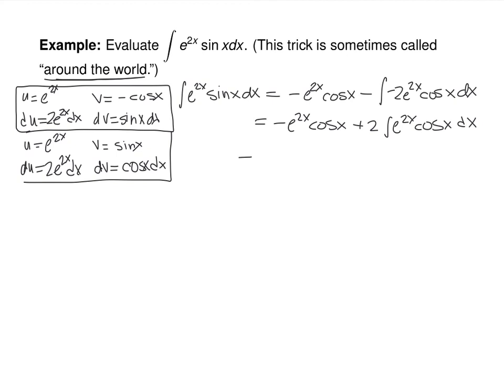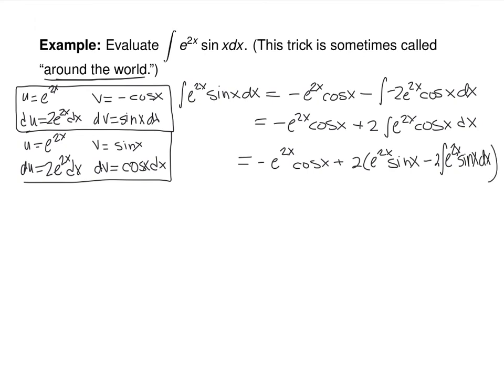So we have our original integrand is equal to negative e to the 2x cosine x plus 2 times the quantity e to the 2x sine x, so uv, minus v du. I'm just going to take that 2 out right away. So minus 2 integral e to the 2x sine x dx.